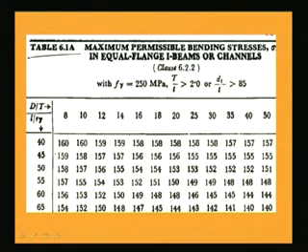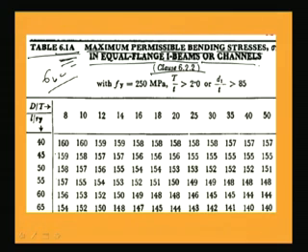Suppose the table 6.1a. Here it is given the maximum permissible bending stress sigma BC in equal flange I beams or channels, as per clause 6.2.2. You will get table 6.1a, 6.1b, like this different types of tables.